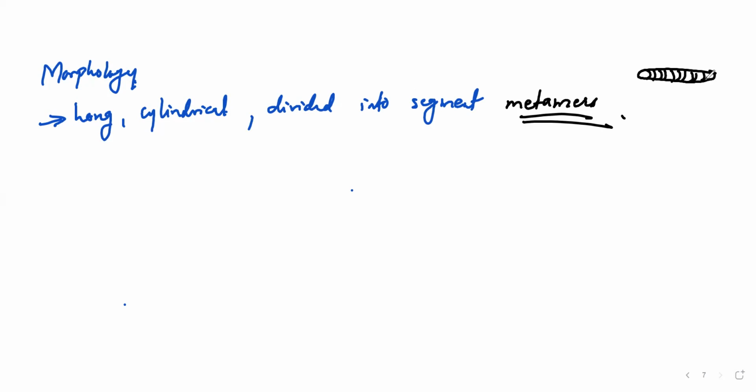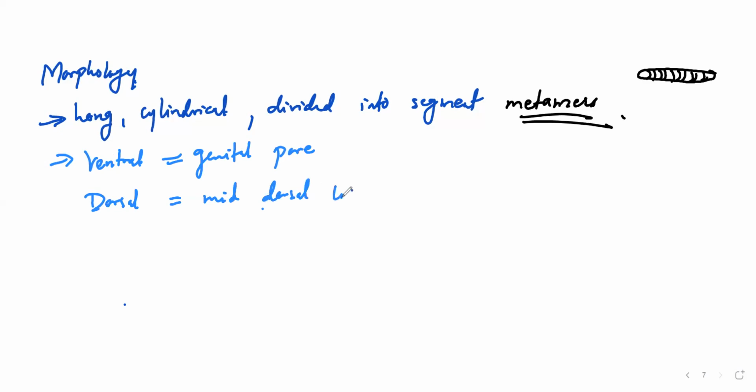On the ventral surface, that is the lower surface, you will have the genital pore, whereas on the dorsal side you will find a mid-dorsal line. Then comes the anterior part.